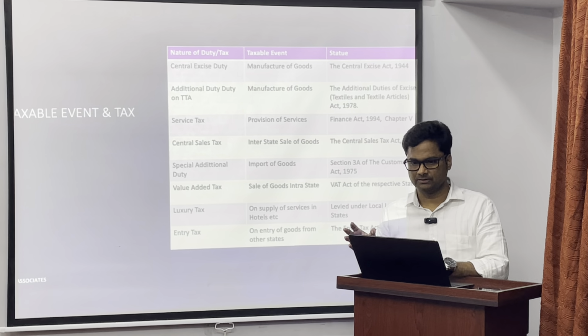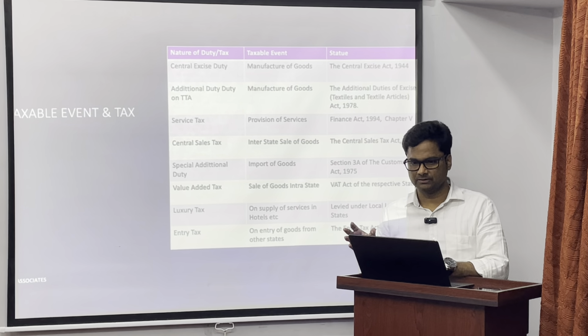We said there are multiplicity of taxes, multiple taxable events, multiple tax laws, so many returns, so many complaints. Okay, so it is difficult. And most importantly, cascading effect. Since there is no input tax credit concept, the input taxes, that is the taxes paid at the input stage, are getting included in the cost structure, consequently in the selling price, and on the selling price you are applying your output tax.